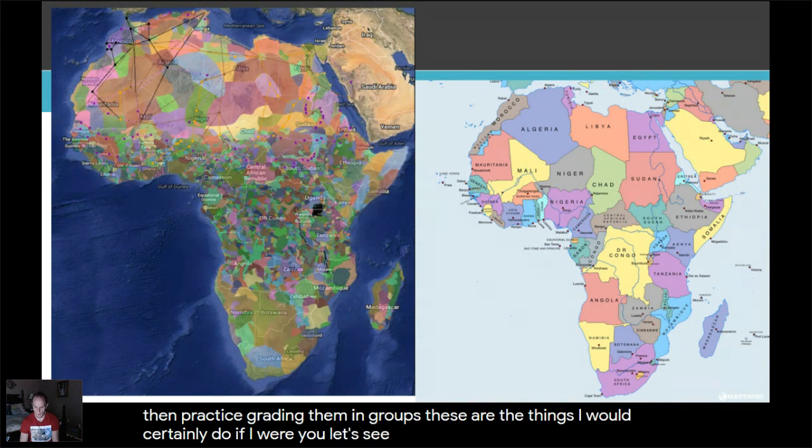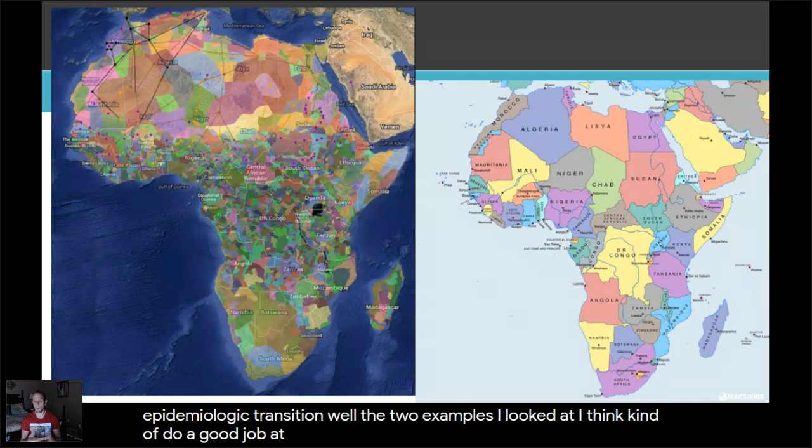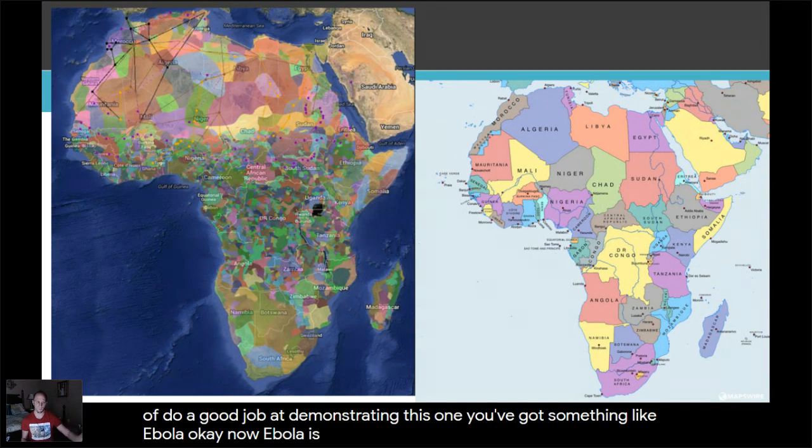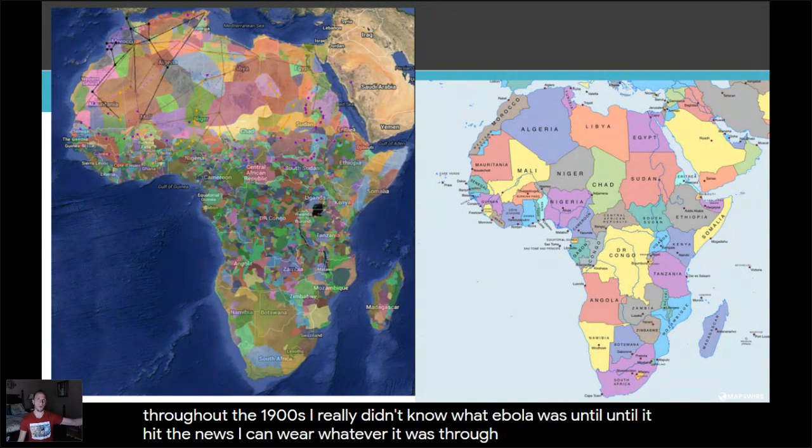Let's see. What is one way an infectious disease can reemerge in stage 5 of the epidemiologic transition? Well, the 2 examples that I looked at do a good job demonstrating this. One, you've got something like Ebola. Ebola is something that you had throughout the 1900s, but I really didn't know what it was until it hit the news, whenever it was, 3, 4, or 5 years ago.